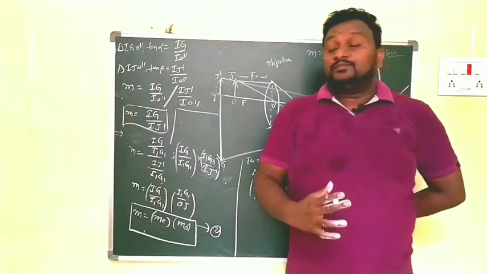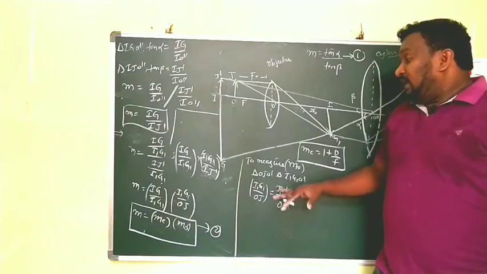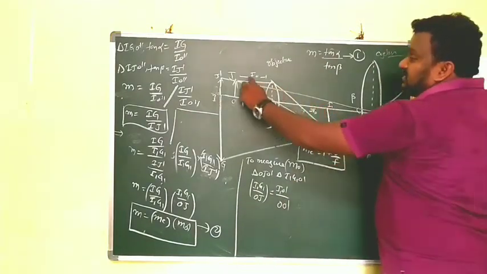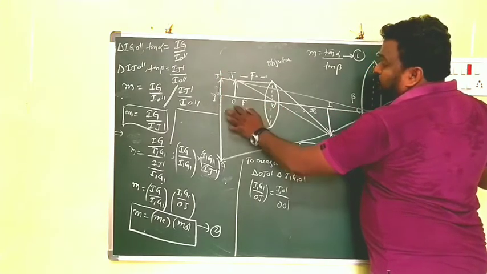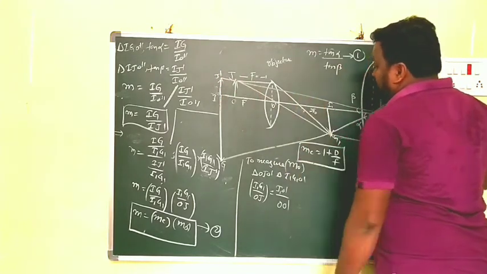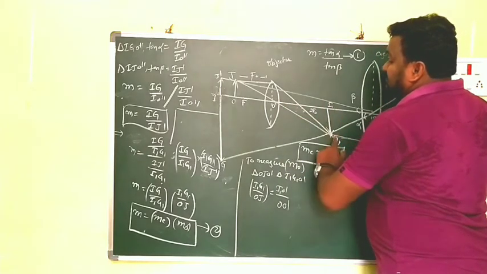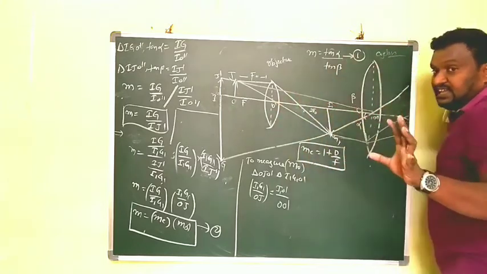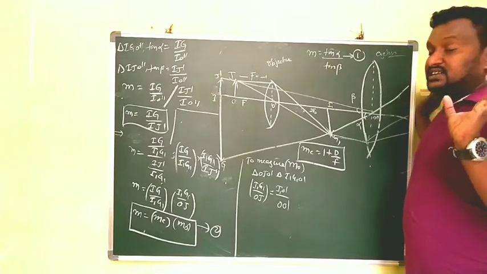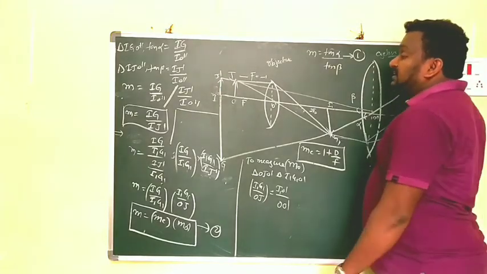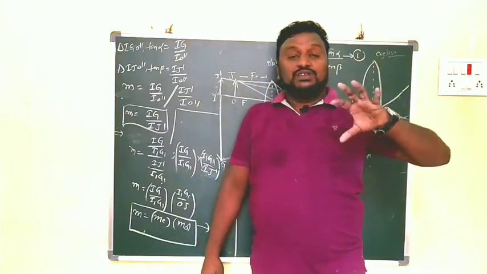To find the magnifying power of the object lens, we take two triangles. One is O J O dash, and the next one is I1 Z1 O dash, and these two should be taken as similar triangles. When we have similar triangles, the ratio of the corresponding sides should be equal.